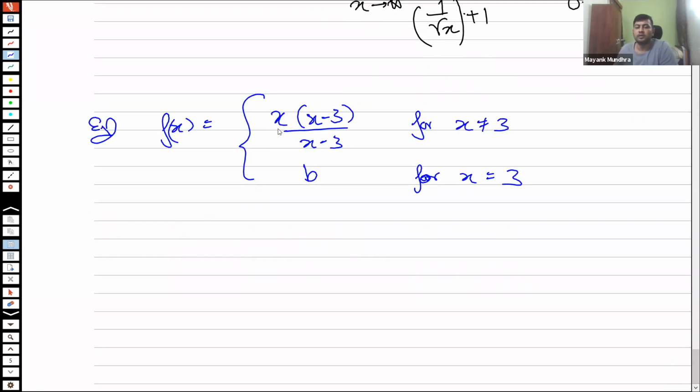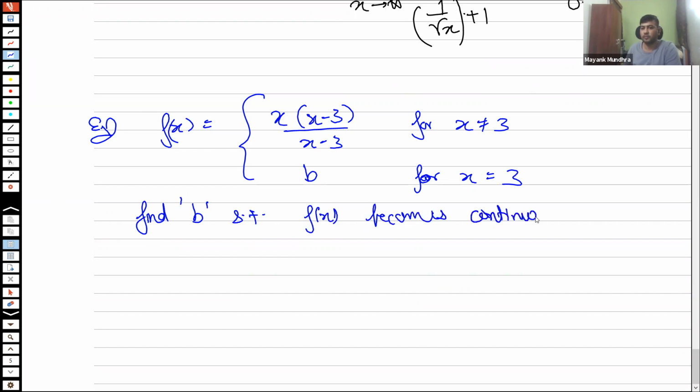Most of the questions on continuity will be like this: find b such that f of x becomes continuous. This is going to be the most common type of question.